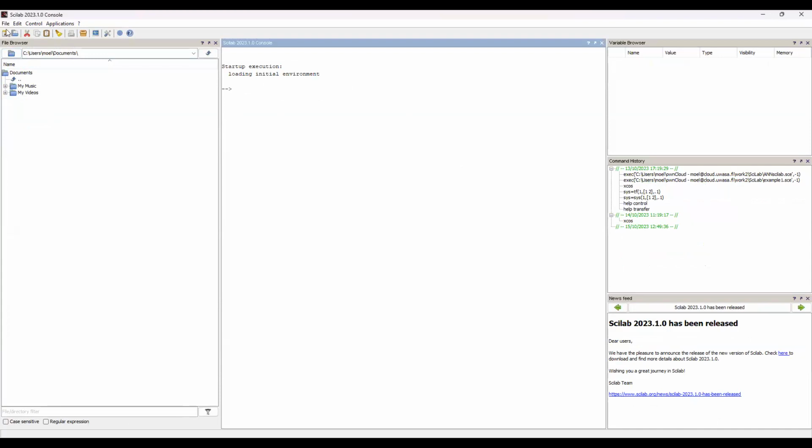The nice thing in Scilab, you can see here, in the control application, is that they actually have a translator from MATLAB to Scilab. So if you have, for example, code you wrote before using MATLAB, you can transfer it to Scilab.